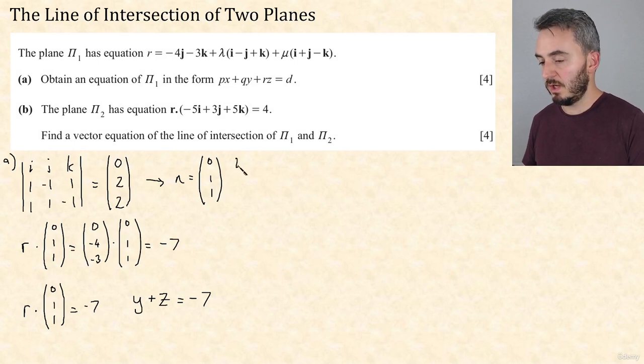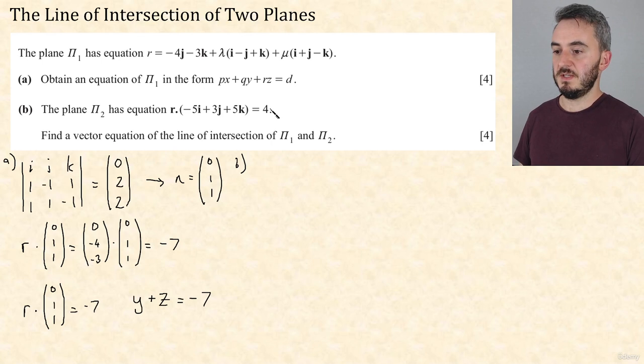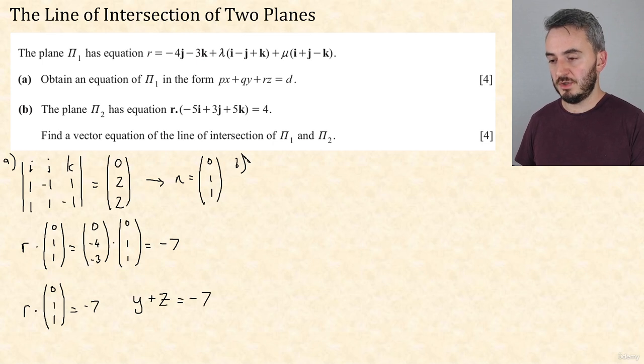Now part B, P2 has equation r dot this equals 4. Find the vector equation of the line of intersection. So remember that line of intersection is on both planes, so it's perpendicular to both the normals. The normal of P1 is 0, 1, 1. The normal of P2 is minus 5, 3, 5. So that means the cross product of those two will give us a direction that's perpendicular to both.